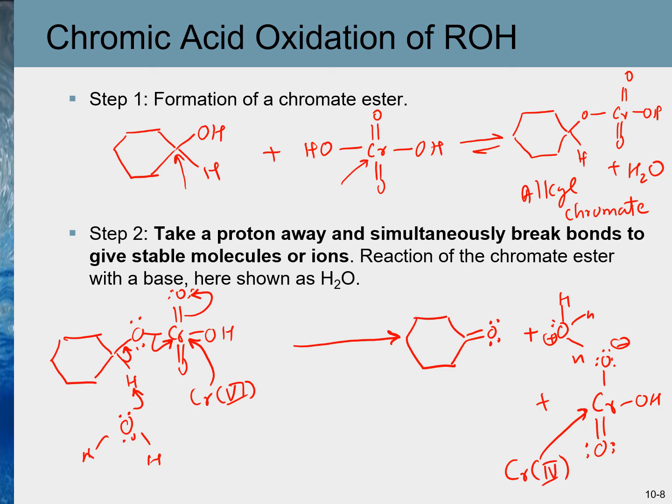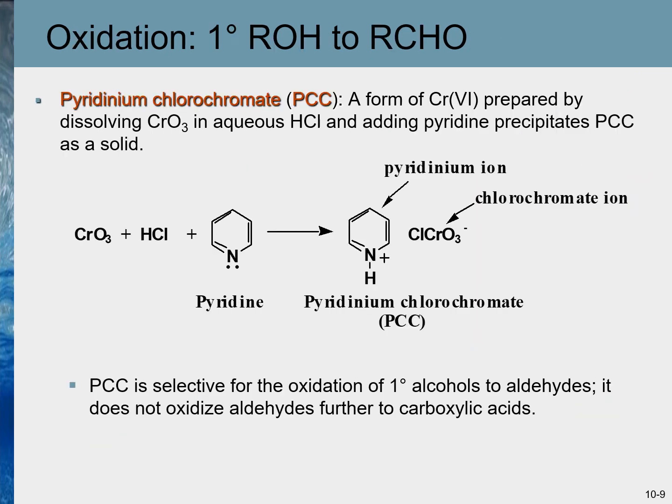So in this step, chromium gets reduced and the oxygen or our alcohol gets oxidized. Another commonly used oxidizing agent for oxidation of alcohols is pyridinium chlorochromate, which is also written as PCC.